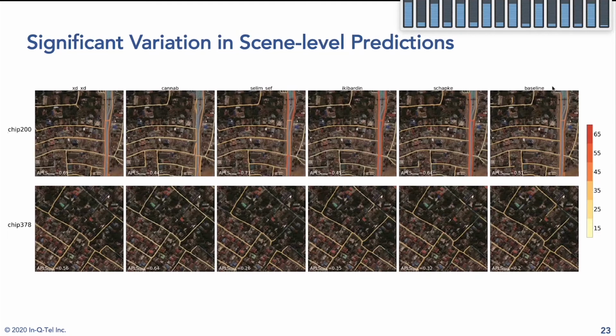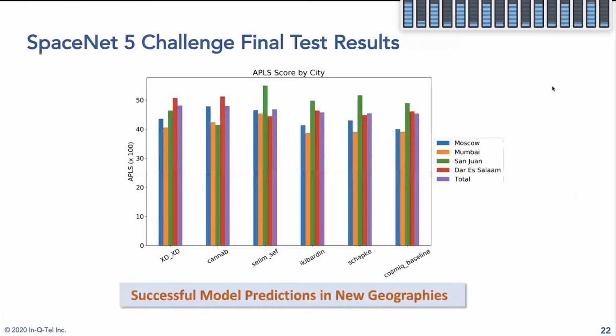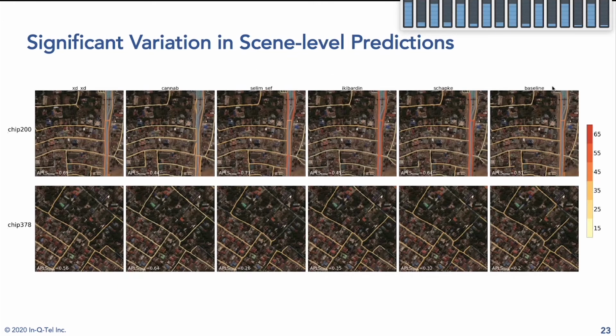A couple other interesting takeaways from SpaceNet 5: there's not a huge variance in score here, as we noted before. The purple is the final total score, so you can see only about a 3-4% difference between all of those top 6. But there's a significant variation in scene level performance.